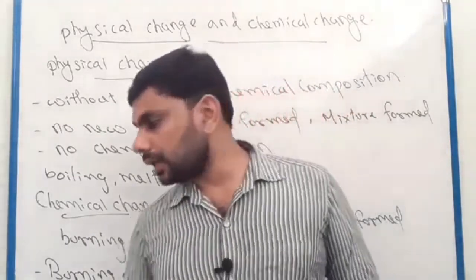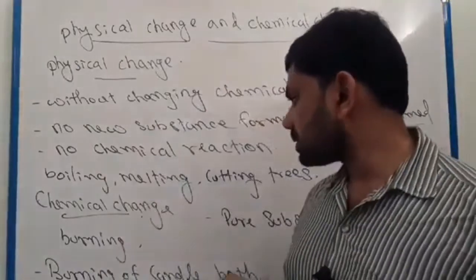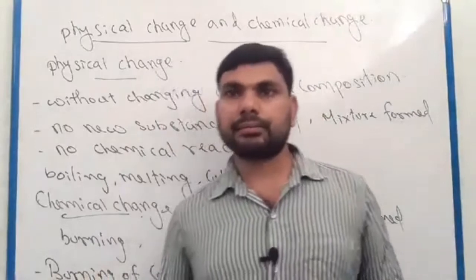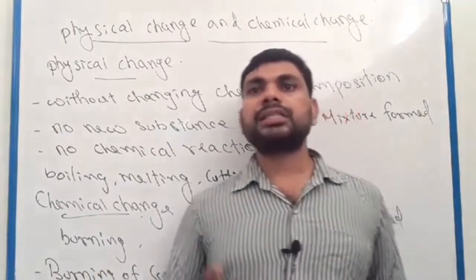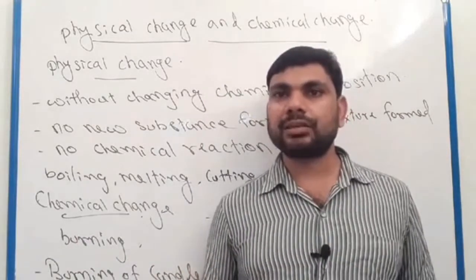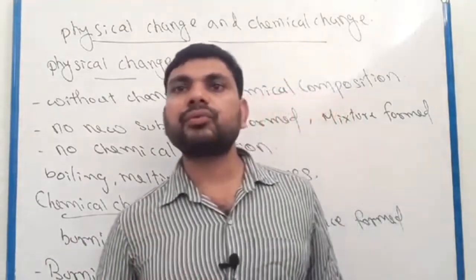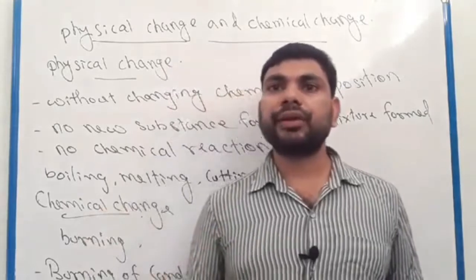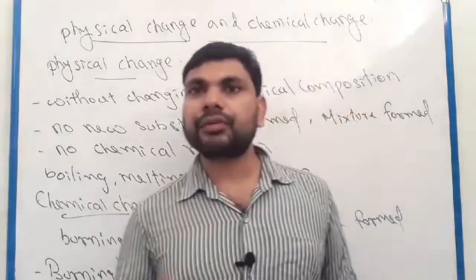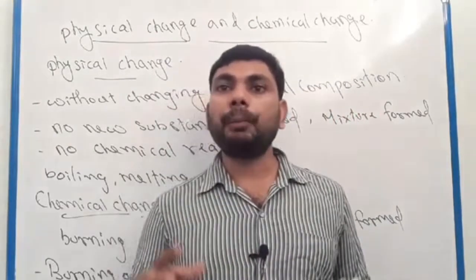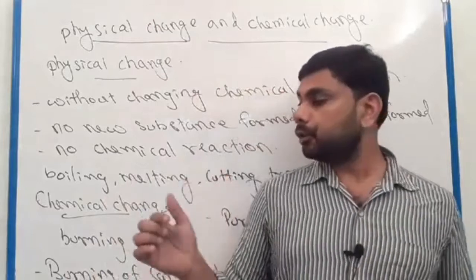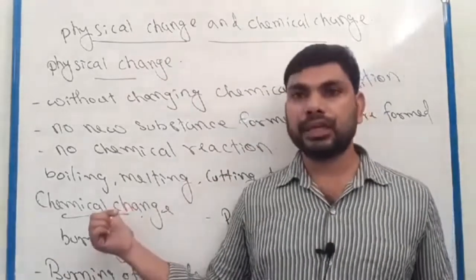Another thing, metal reacting with acid. Zinc reacted with acid or calcium reacted with acid. These are also examples of chemical change. Chemical reaction means new substance will be formed. Also, compounds, pure substances, are formed by chemical change.